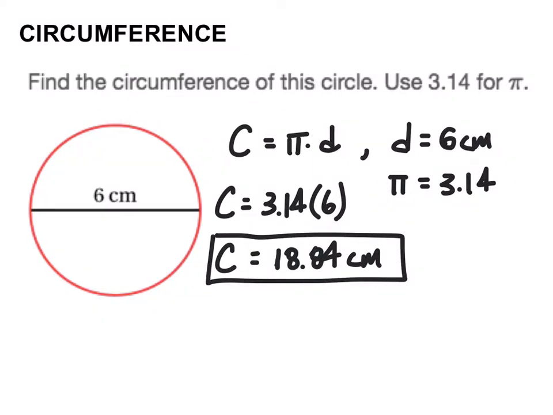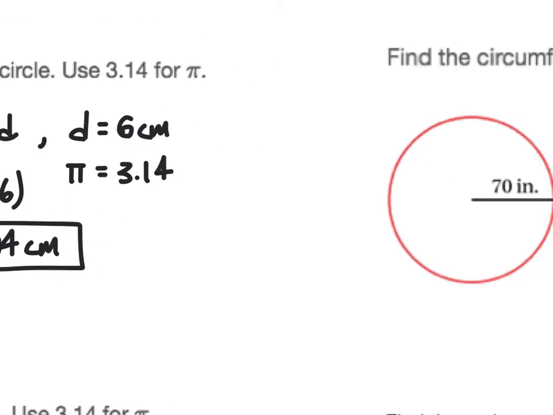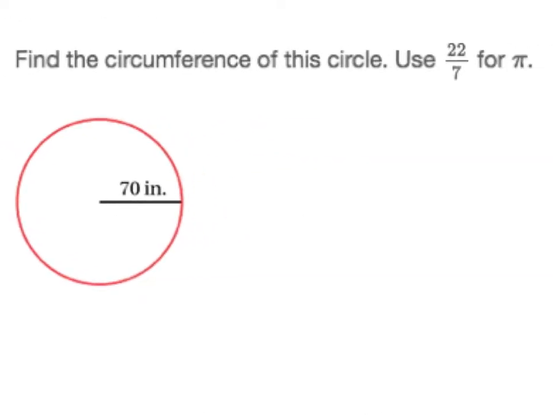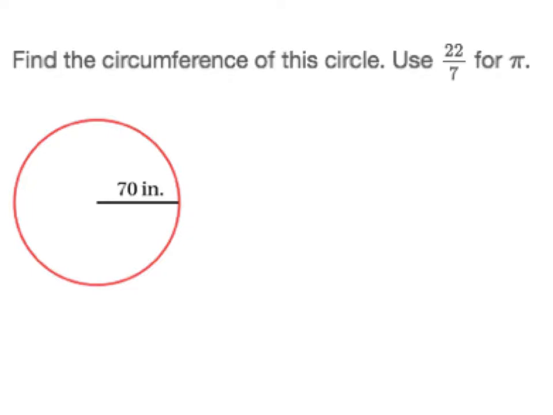All right, let's take a look at the next one. It says find the circumference of the circle, use 22/7 for pi. On this one, you're given the radius, which is 70 inches. Because of that, I'm going to use circumference is equal to pi times 2 times r.